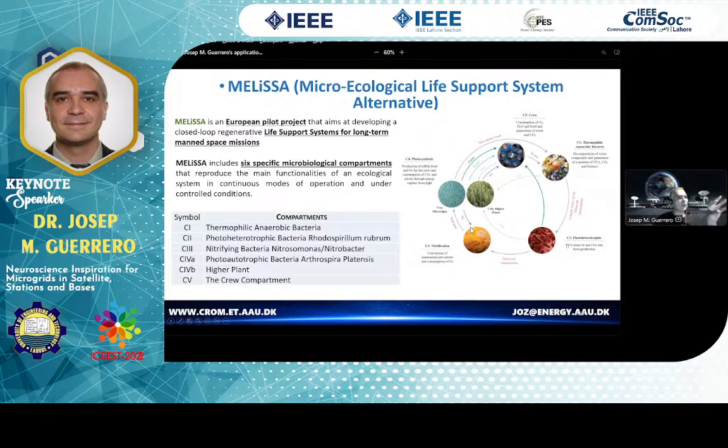Then we have compartment number 2 with the photoheterotrophic system, where we remove the volatile fatty acids and we produce food. This food can be given back to the astronauts. The minerals and the ammonium are given to the nitrification compartment, in which we convert ammonium into nitrate, and unfortunately we need some oxygen for that.